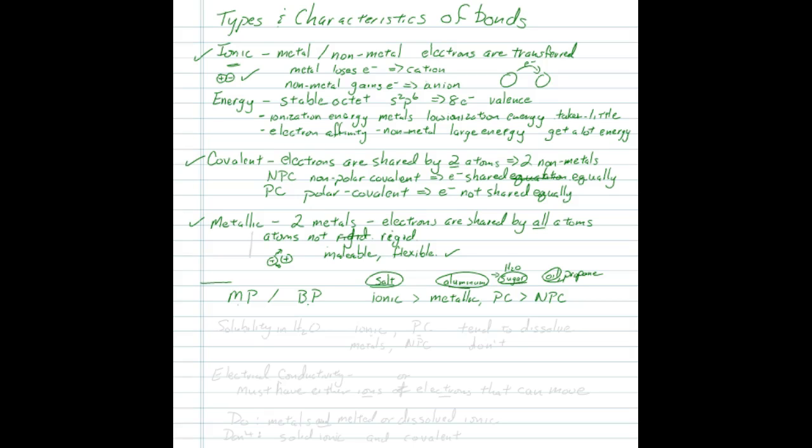The other thing is solubility in water. If you think about salt, aluminum, sugar, and oil, which one of those will dissolve in water? Well, salt dissolves, so ionic. Aluminum does not, sugar does, so that's polar covalent. These tend to dissolve in water.